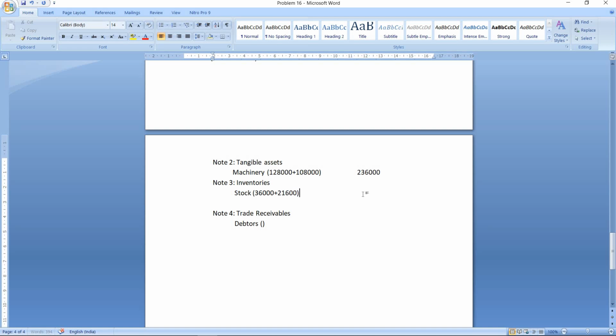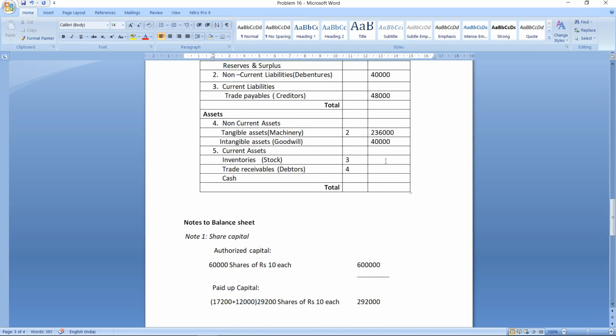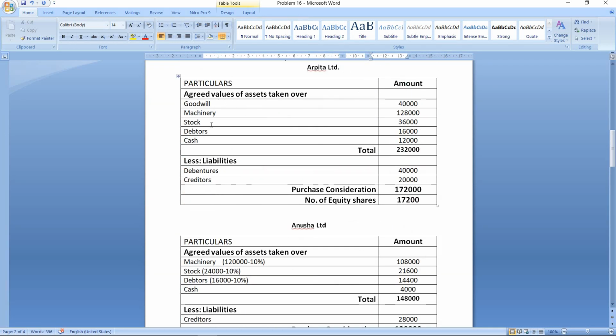Okay. So the total we will show it in the balance sheet. So total is 57,600. So here let us go to the balance sheet. Stock, note number 3, amount is 57,600.